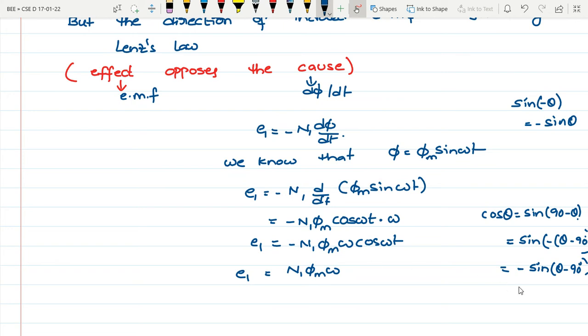So here you got cos omega t, what we are getting here, minus sine theta minus 90. So in place of theta, what you have to write? Omega t here. Omega t minus 90 degrees. Minus into minus, it will become plus now. N1 phi m omega into sine omega t minus 90 degrees.